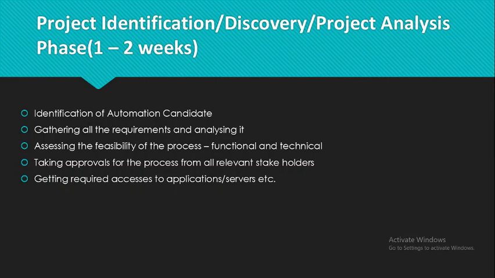You will have to find the perfect automation candidate. You'll have to gather all the requirements of that process and analyze whether it will be fit for automation or not.